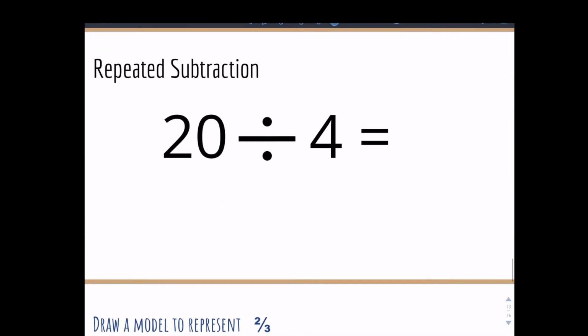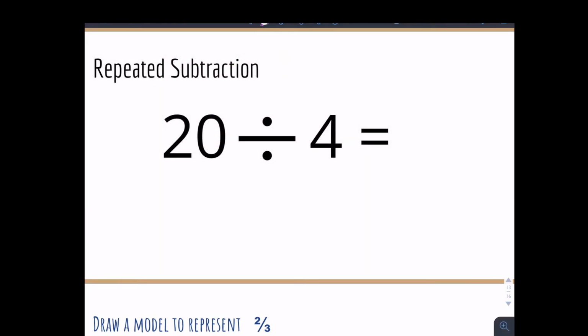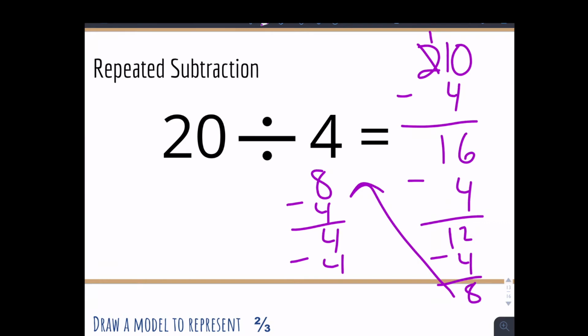And going on to repeated subtraction. So this one's very similar to our repeated addition, but now we're just working down to the 0. So I like to count how many times I subtract. And so in this case, if we start at 20 and we subtract 4, well, we'd have 16 minus 4 is 12, minus 4 is 8, 8 minus 4 is 4, and you just keep subtracting all the way until you get to the 0.